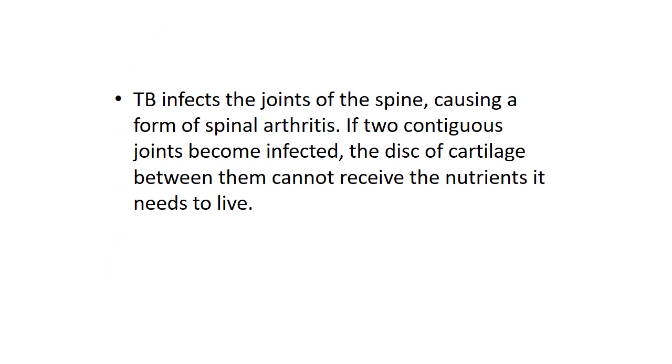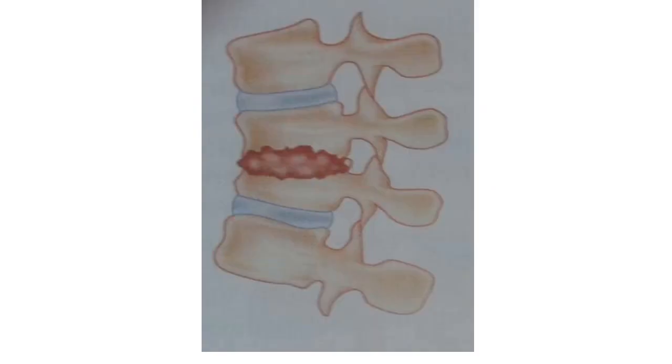So tuberculosis infects the joints of the spine, causing a form of spinal arthritis. And if two contiguous joints become infected, the disc of cartilage, the intervertebral disc, does not receive the nutrients needed to live, and it starts to be involved in the tuberculosis, and it starts to die, and the disease process starts.